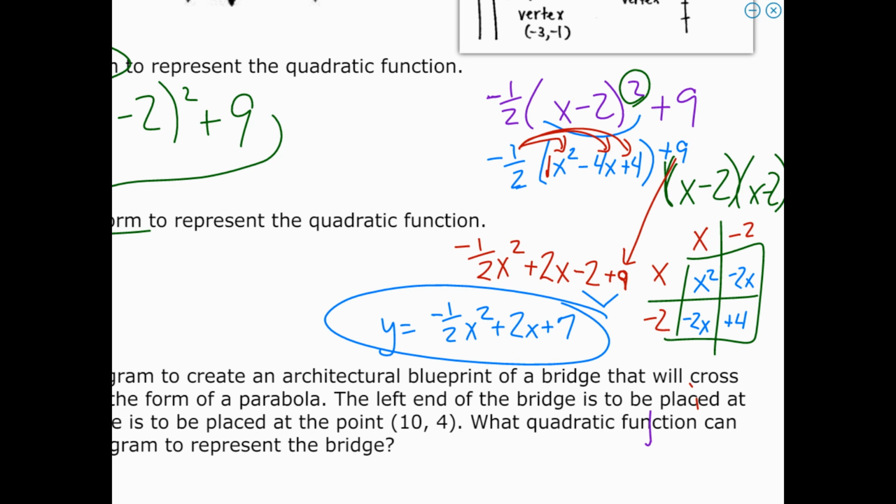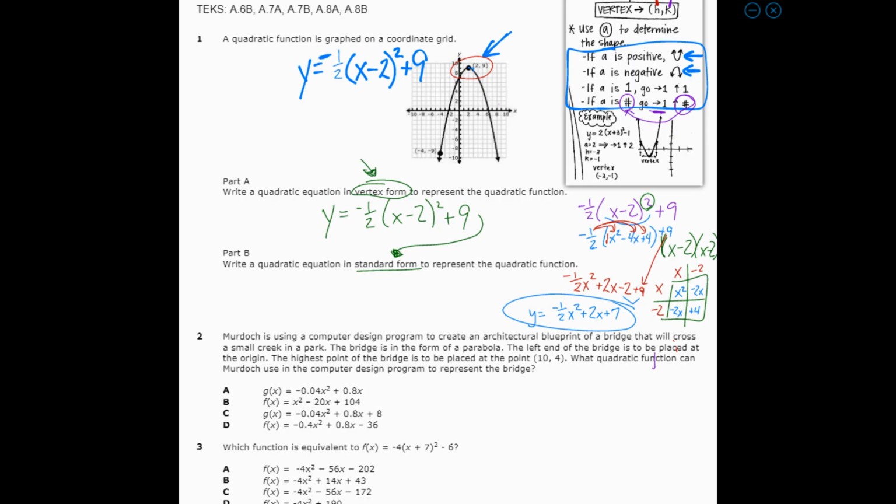So when you put your answer in Go Formative, I will have to check this one. It won't tell you whether it's right or wrong, but we've done it together. So as long as you type it in right, you should have it right. So put A, parentheses, and then type this in, and then put B after it and type that in. That's going to be your answer for number 1.